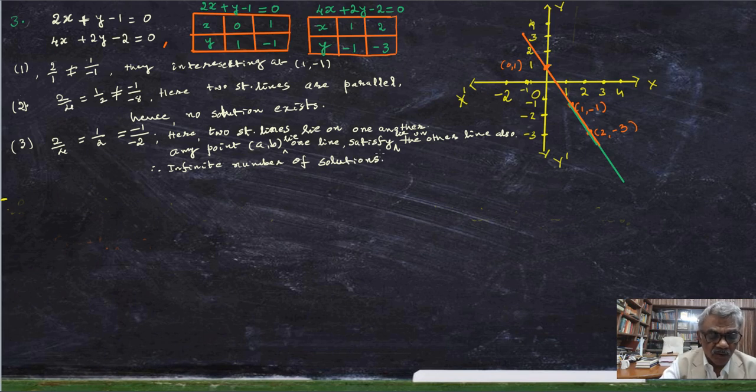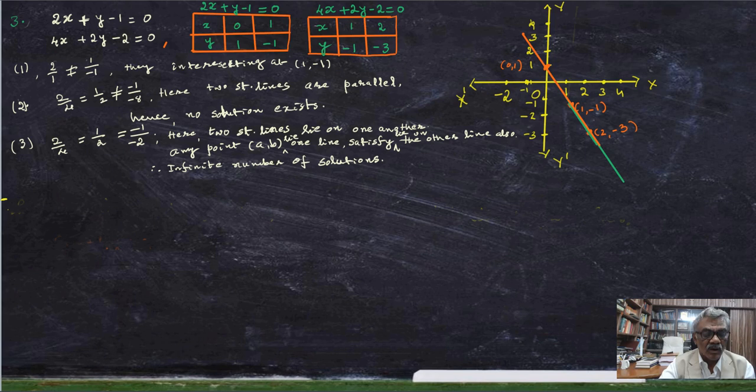And therefore, we have these particular examples. We have seen the properties based on the ratio of the coefficients of x, the coefficients of y, and also the constant terms.